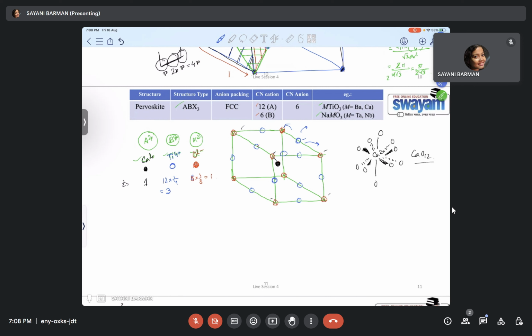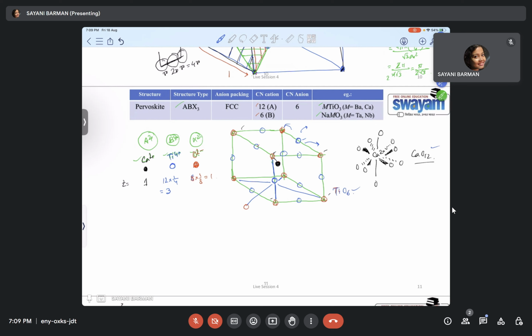You can see this one, two, three, four, five, and from the next one it will also come, one oxygen here. So this will be six. TiO6, the coordination number is 6. This is called octahedral, and the 12 coordination is dodecahedral.